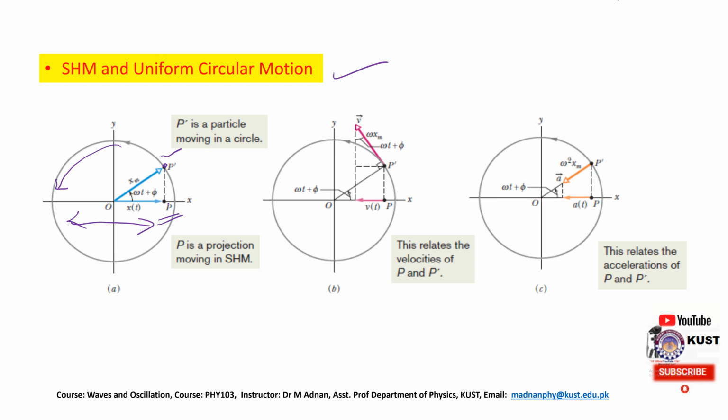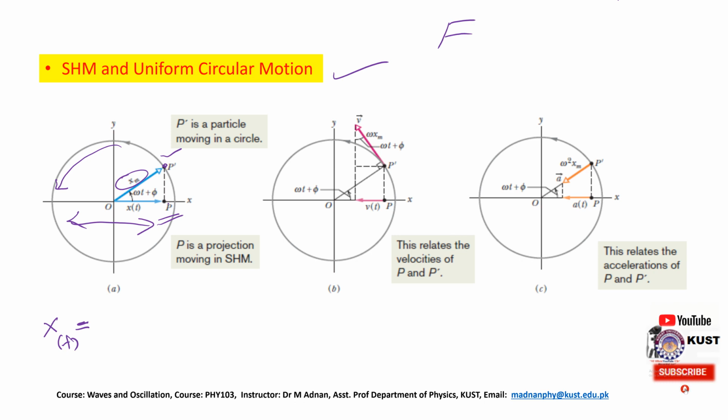Now, in order to obtain the relevant equation, we have this vector xm making an angle omega t plus phi at the origin. The x component of this vector xm is x of t. Since this x of t varies with time, this is like a rectangular component.